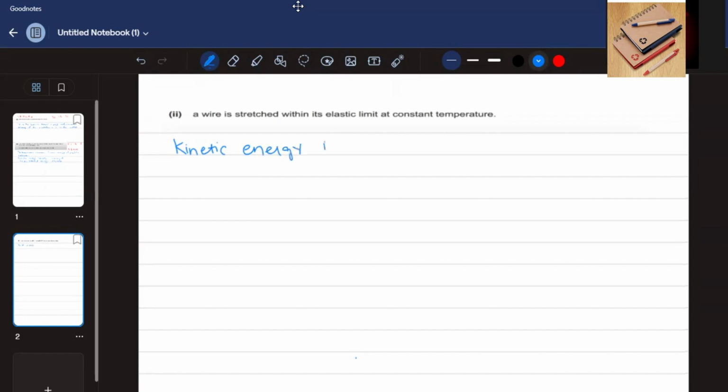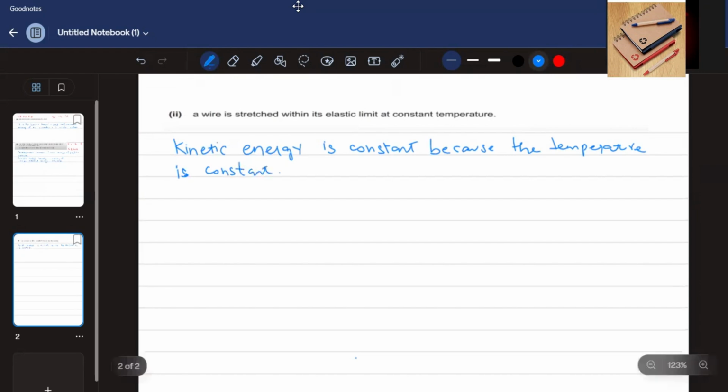Kinetic energy is constant because the temperature is constant. As the temperature is constant, the kinetic energy of the moving particles will be constant as well, because all the particles will be moving with the same speed.